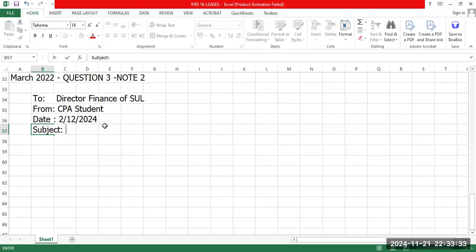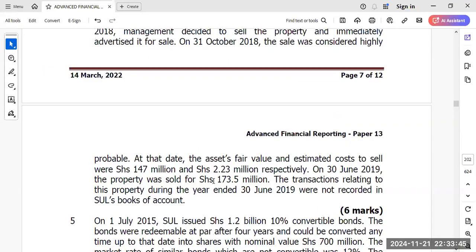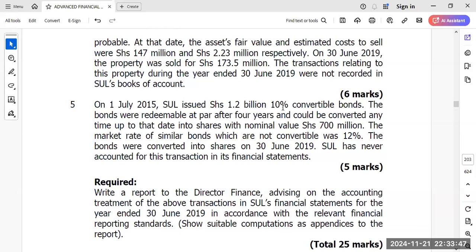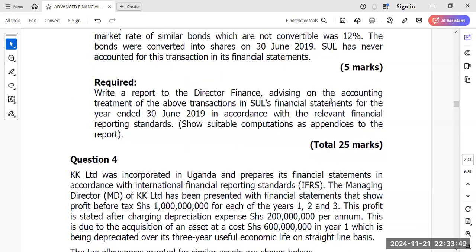Okay. Then the subject now. Colleagues, here we don't need to put exam date. We put the exact date. The subject now. How do we write the subject? We go to the required part. What are we told to do? Accounting treatment.